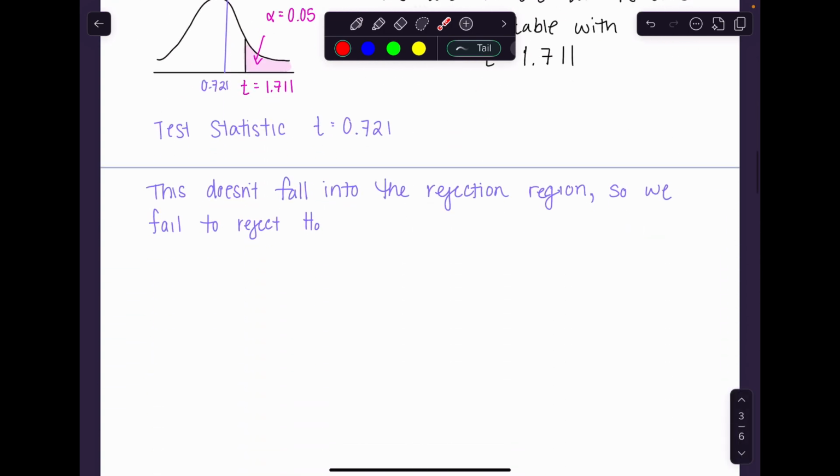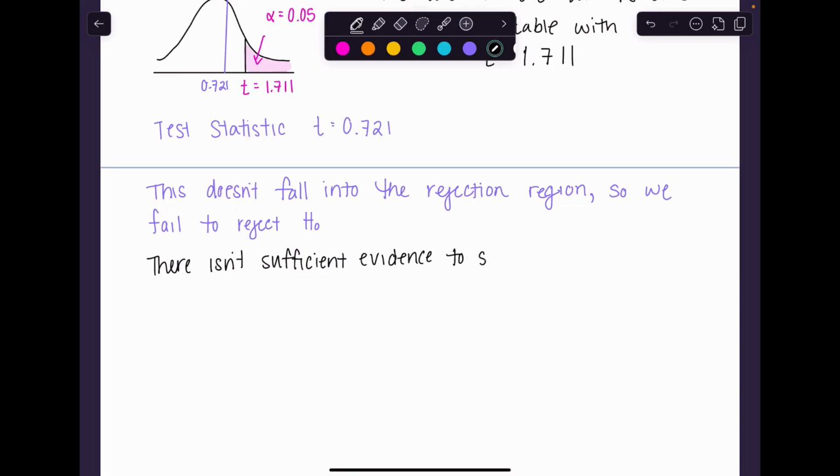So there is not sufficient evidence to support the claim that our mean is greater than 4,500. Okay.